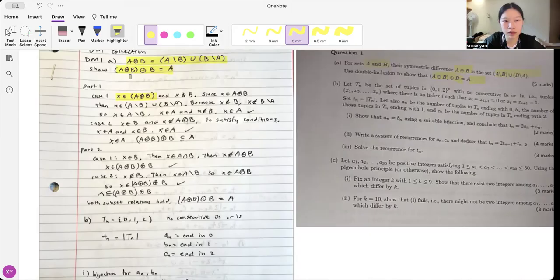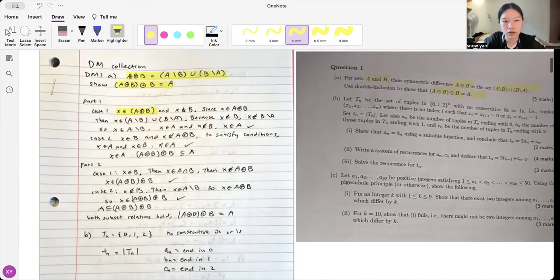Basically, I'm assuming the left-hand side of this thing is true. So what that means is that my X would be part of this by the definition, part of A and B, and X would not be part of B by the definition of this, right?